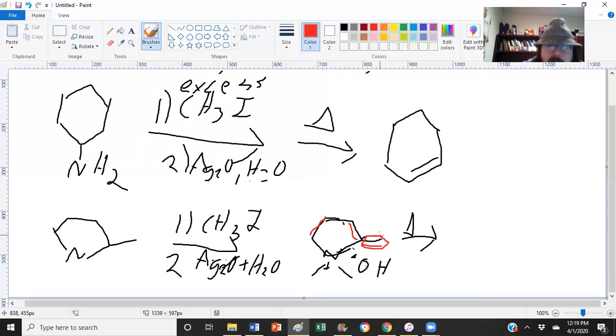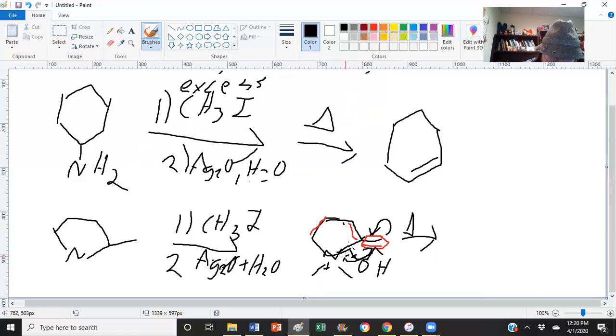So as this leaves, we're going to see this going that way to form that double bond. Actually we're saying the electrons from that hydrogen are going to form that way, and the electrons going this way. So we're going to form an amine at the end of that ring, and it's going to ring open.